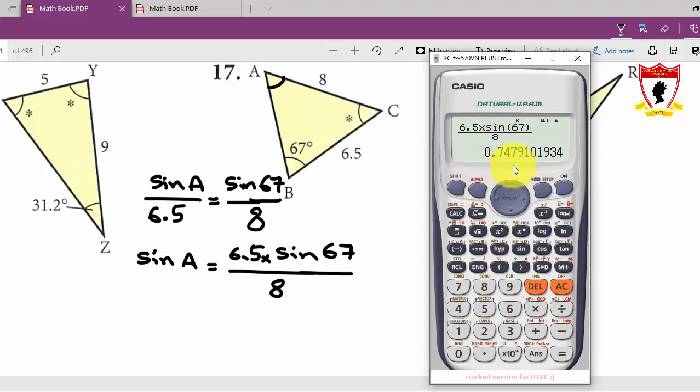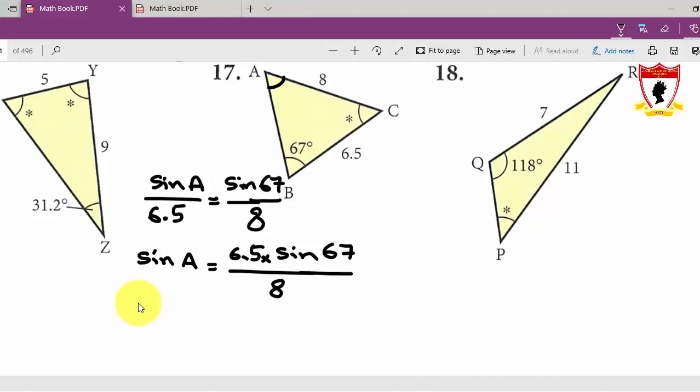Then to get angle A, we need to find the sine inverse of this. Sine inverse of this answer is 48.4. So angle A is 48.4 degrees. Then how can we find C?